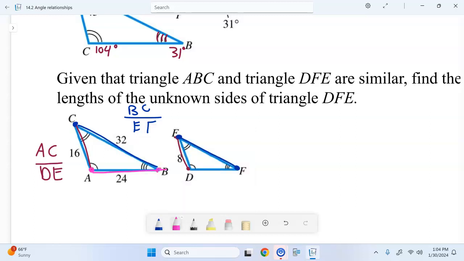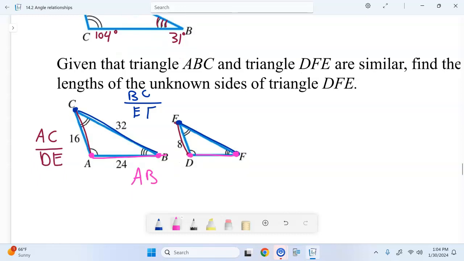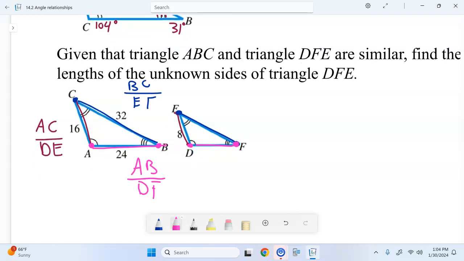DF. So the ratio of AB over DF has to be the same as the other two ratios. So we can set up our proportional relationship to solve for any of those.